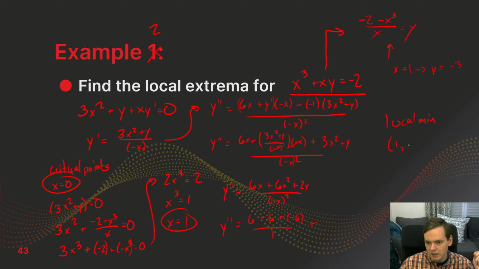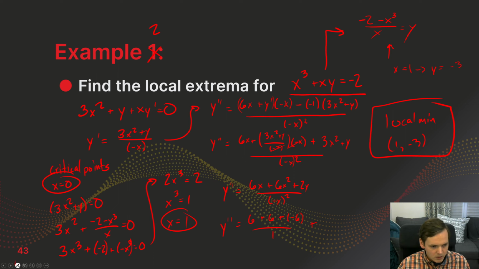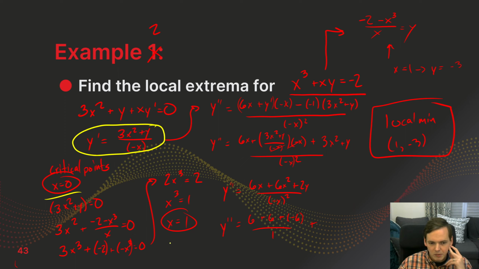at 1, negative 3. So this is slightly more complicated than you'd generally be expected to do, just because there's a lot of math involved. But the idea I hope you can track, which is, let me mark this in yellow, find the first derivative, find the critical points where the derivative equals 0 or the derivative is undefined.